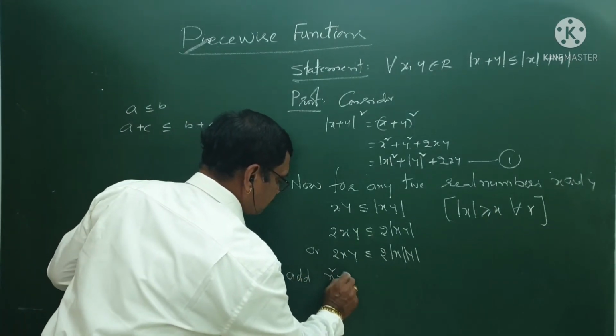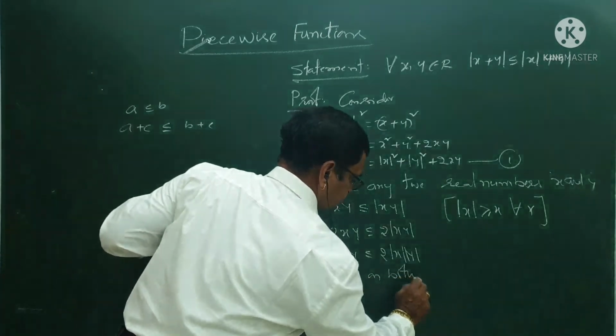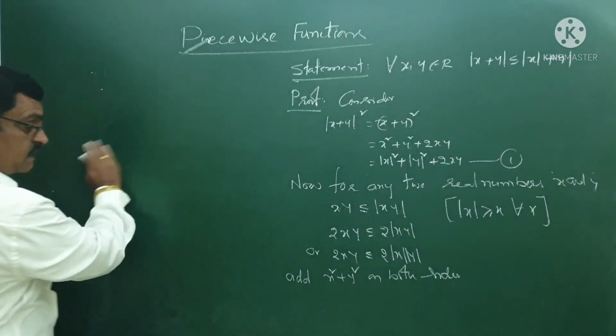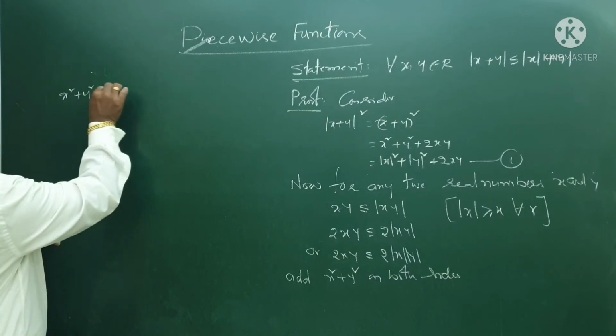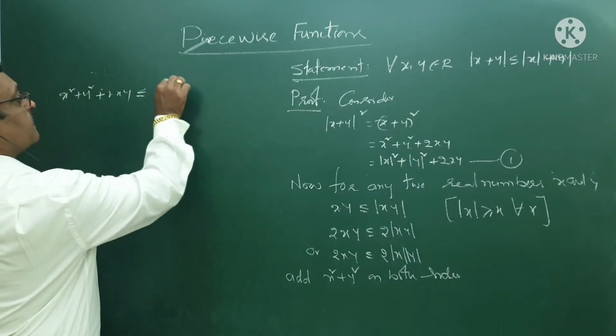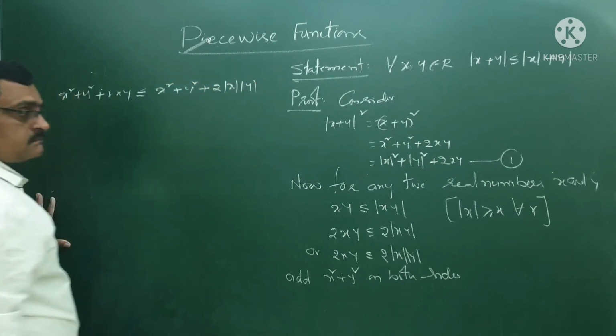Add x square plus y square on both sides. If I add, what will I get? x square plus y square plus 2xy less than or equal to x square plus y square plus 2 times mod x mod y.